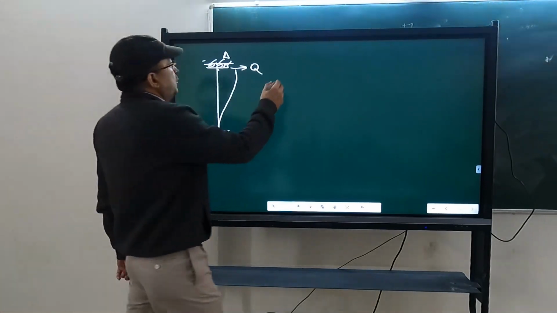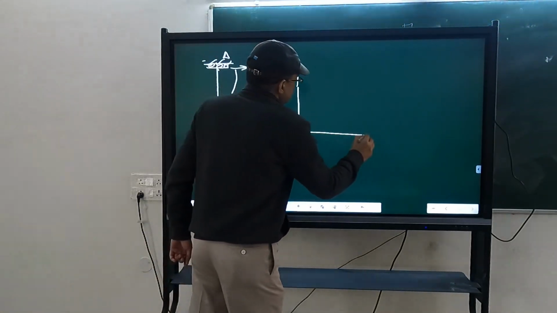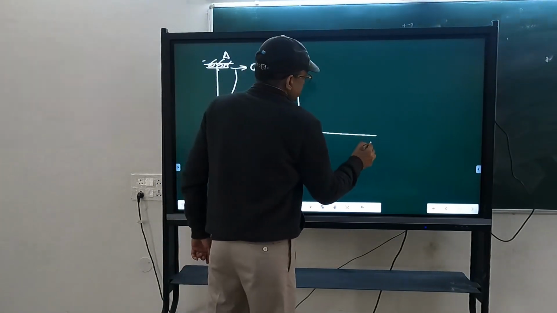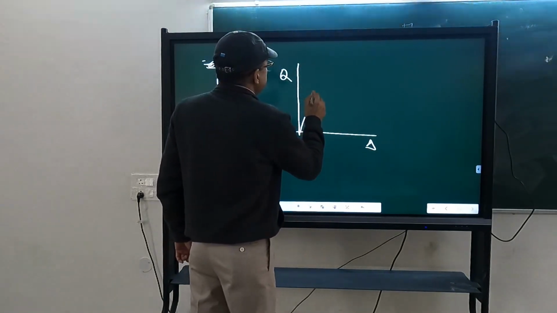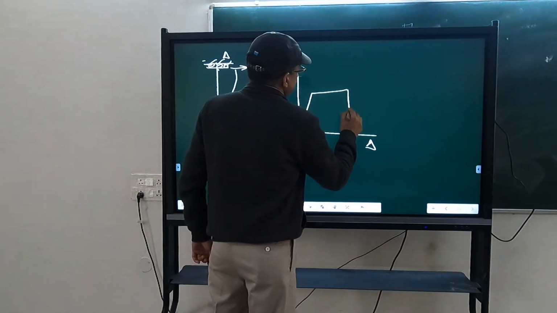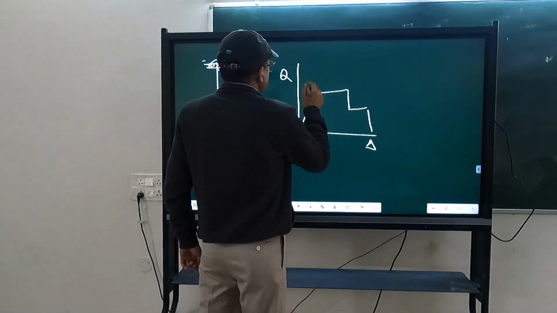So if I have to plot Q versus delta for this case, that will also be the same. But what will be these values? Can you tell me?